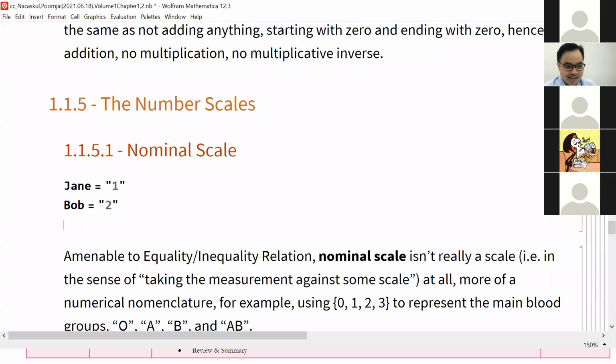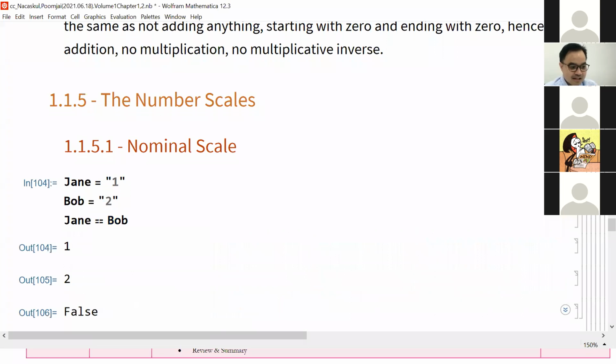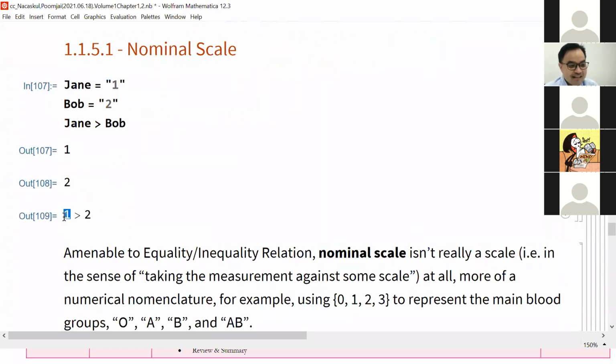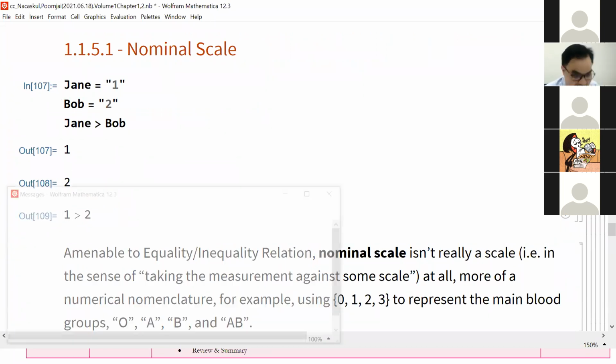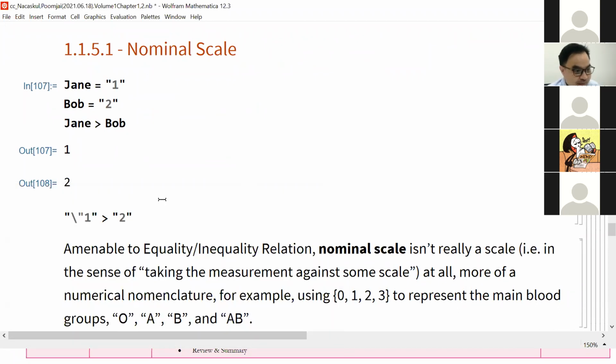You can do this. And then you can say Jane equal to Bob? No. Is Jane greater than Bob? I don't know. Okay? In this case, it doesn't know if 1 is greater than 2. It doesn't know the text value. Oops, sorry. It basically doesn't know this.